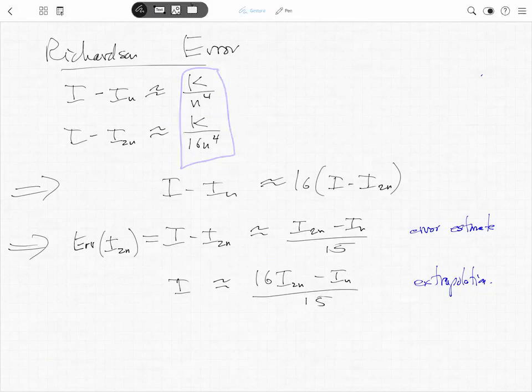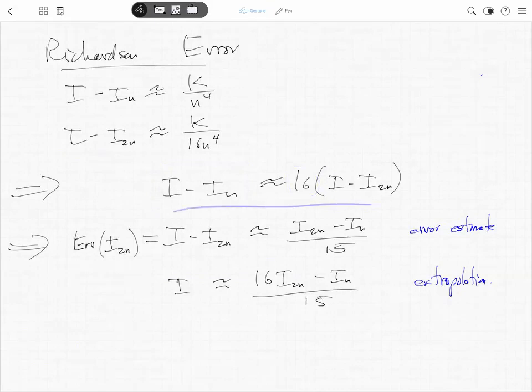So do some algebra to do that, and what you find is that I minus I_n equals 16 times I minus I_2n. In other words, the error in the previous approximation is 16 times as great as the error in the new approximation. So this is where that factor of 16 came from that we saw the other day in MATLAB when we were using Simpson's method.